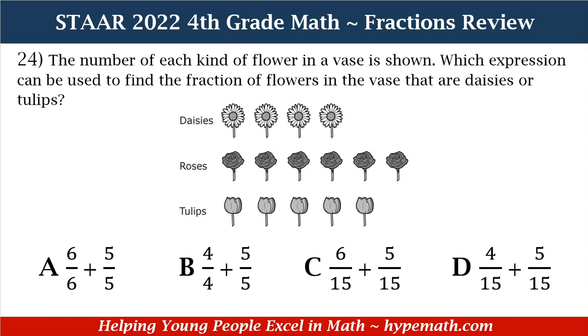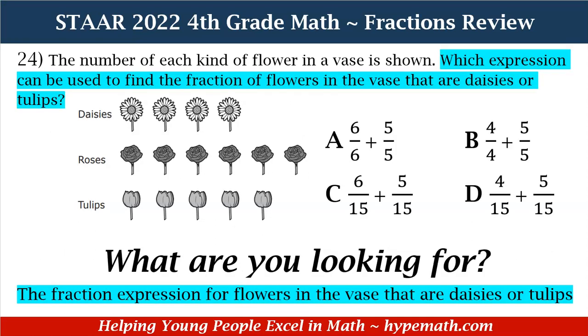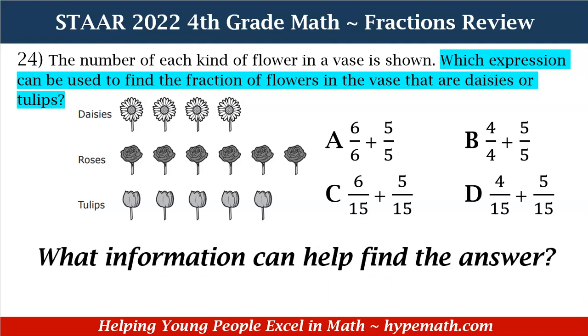To answer this question, the first thing we're going to ask ourselves is, what are we looking for? We are looking for the fraction expression for flowers in the vase that are daisies or tulips. So that means we're going to add them together because we can either have daisies or we can have tulips. Now, what information can help find the answer?